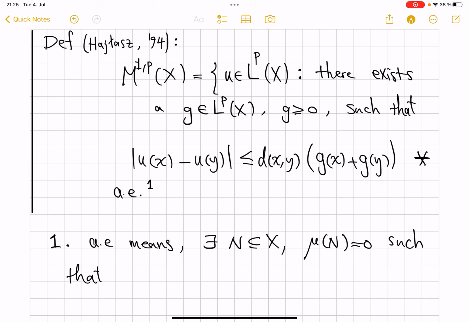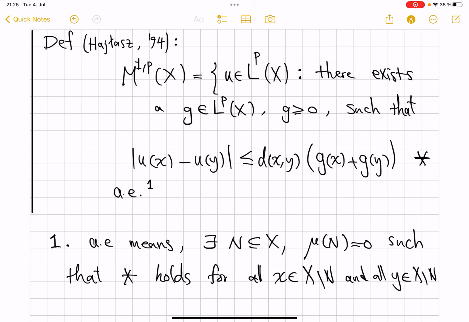Well, in this case, such that this star holds for all x in X minus this null set, and independently all y in X minus N. The competing notion could be that it's a null set in X cross X, because these are tuples, but that's not what is meant.